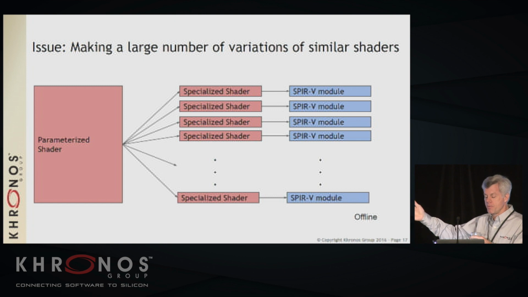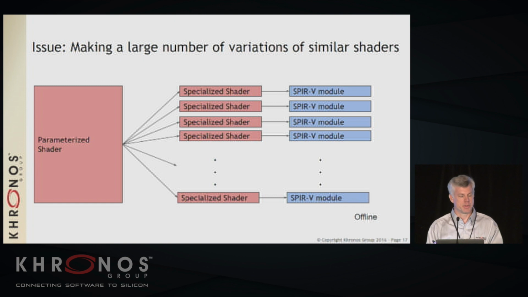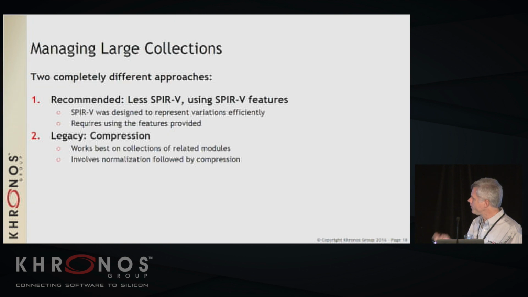And then the natural thing to do is to translate each of those individual GLSL shaders into a completely separate SPIR-V module, and then you end up with a really large number of SPIR-V modules. Like I said, this isn't a problem if you just have a few hundred shaders, or you're not doing this kind of combinatorial expansion from an uber shader to a large number of other shaders. So this is just for the large collection case.